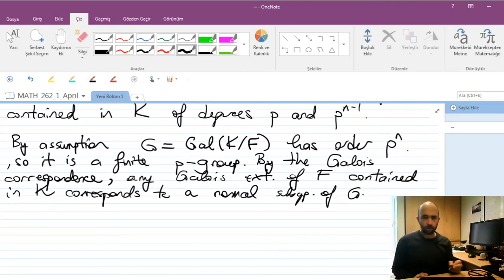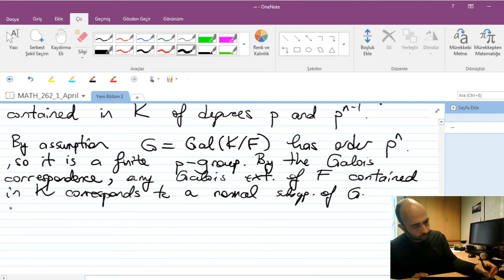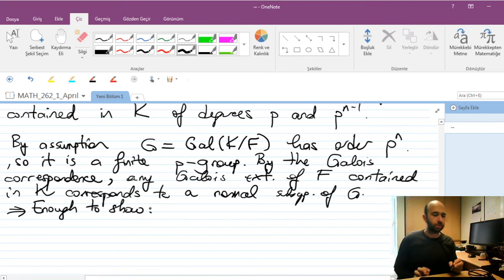Now, therefore, it's enough to show that this p-group G has normal subgroups of order p and order p to the n minus 1, in a sense reverse to this.